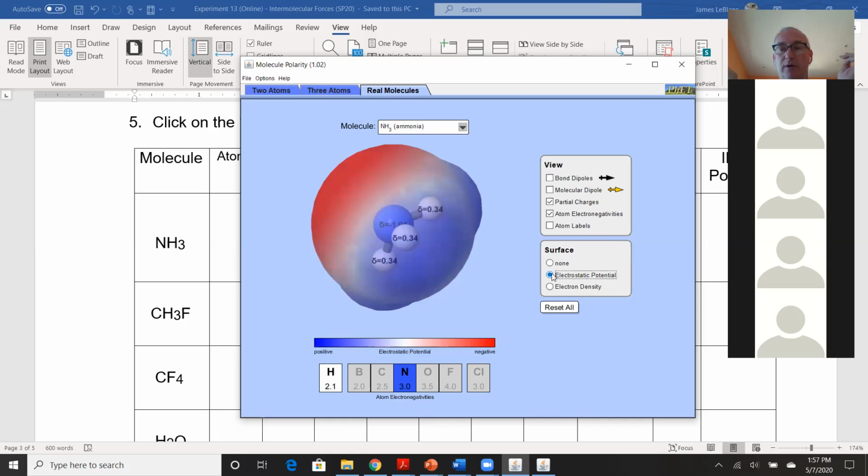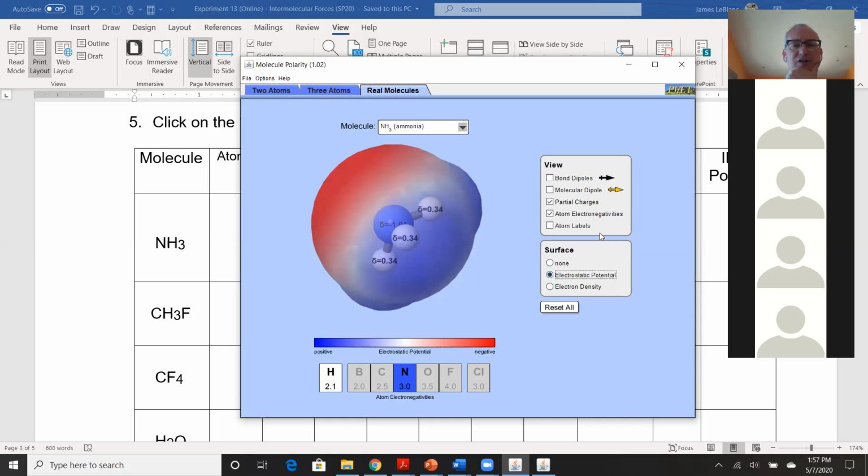This is a really polar molecule. So think about what kind of intermolecular forces would be involved in holding ammonia molecules together. Put that in the last bit of the table.